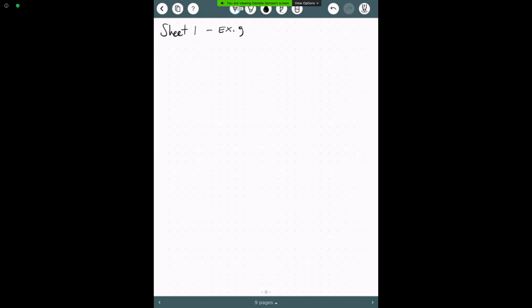Here we have a function in 3 variables, and we want to compute a limit. So the task here is to compute the limit. Let me use xyz, it's the same thing.